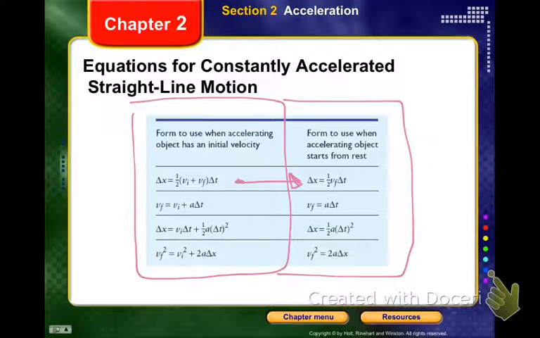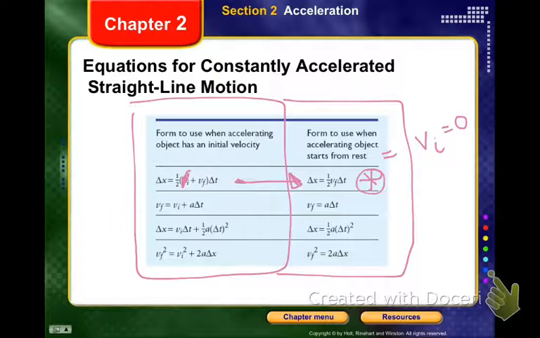It says that your object starts from rest. So if your object starts from rest, then your initial velocity is equal to 0. So if you take Vi out of this equation, aren't you left with what you see right here? Yes. So although at first it looks like 8 separate equations, it's really the same 4 equations.